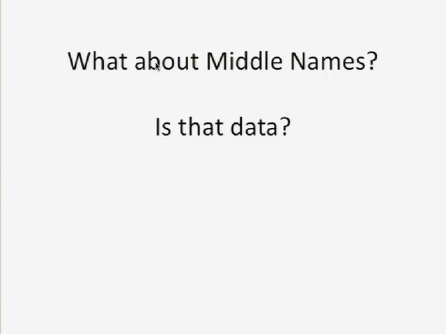And while you're doing that, I'm going to ask you a question. We've already said we think middle names are data as well, and that they're qualitative and they're nominal, not ordinal. And so that's great. I'm glad you recognize that.